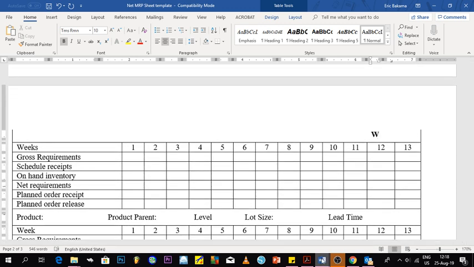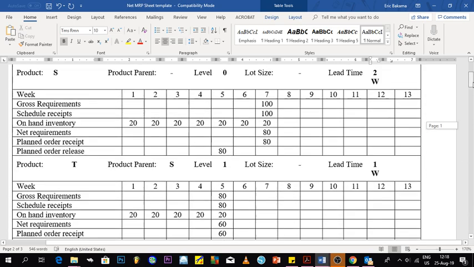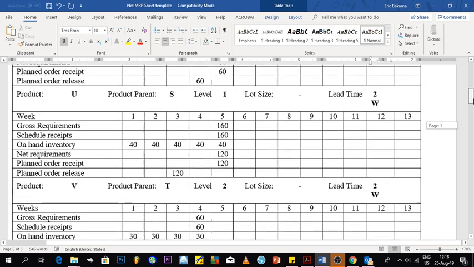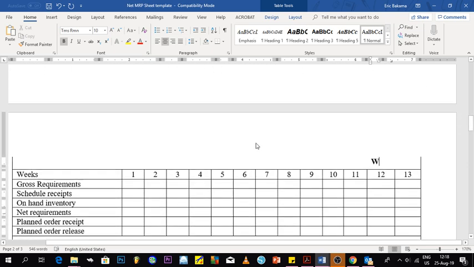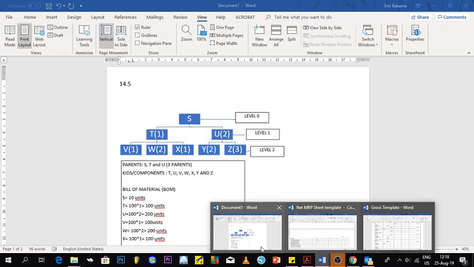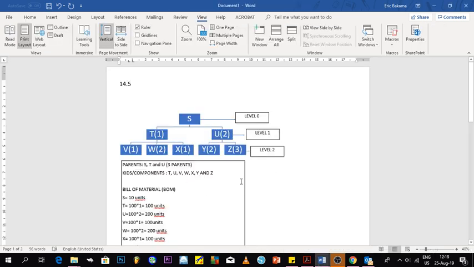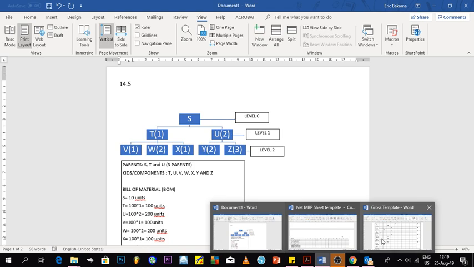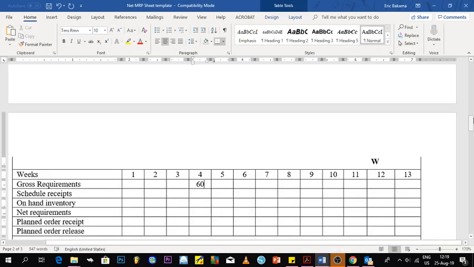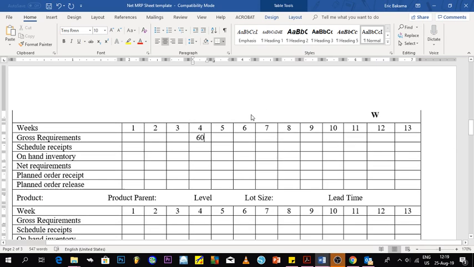Then the gross requirement is coming straight from T. We look at T, the requirement is 60 units in week 4. Remember that for us to make 1 T, we need 1 X, so it's still 60. We'll get another 60 down here.